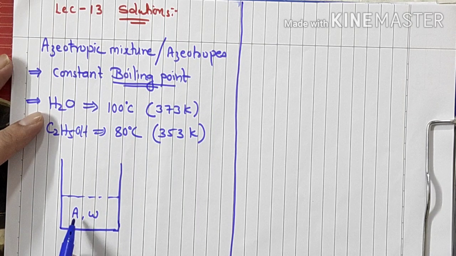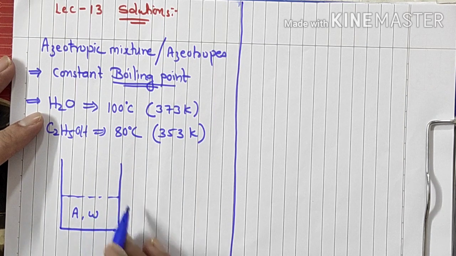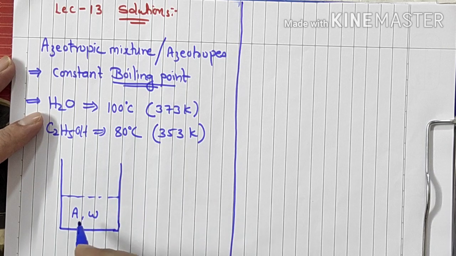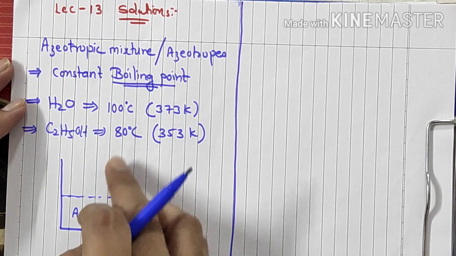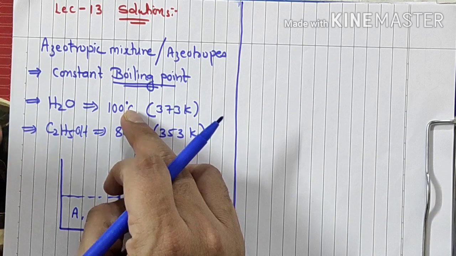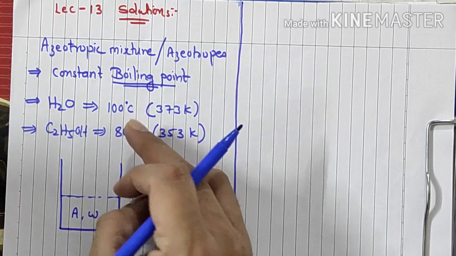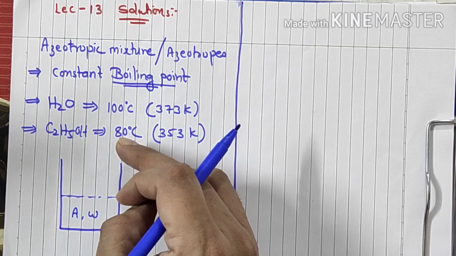If I want to boil this mixture, will the boiling point be 80 or 100, or different from this? Actually, it will be something different.